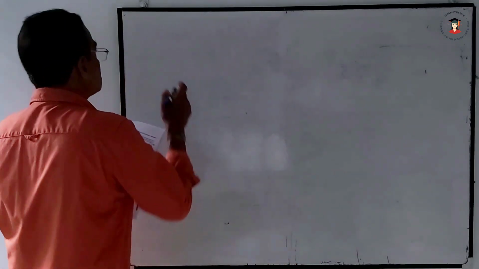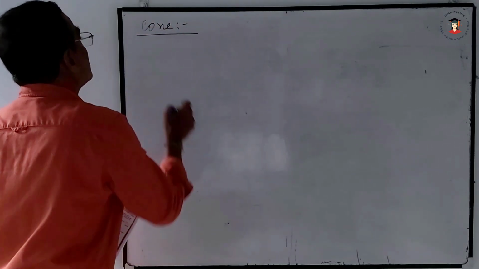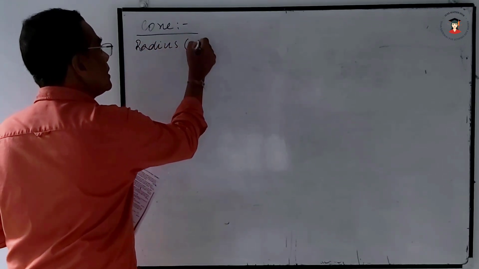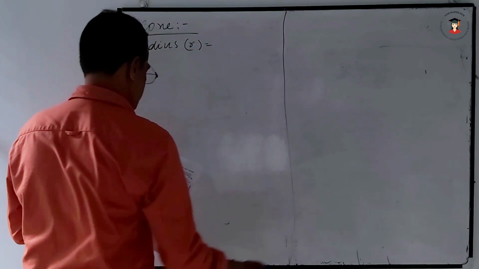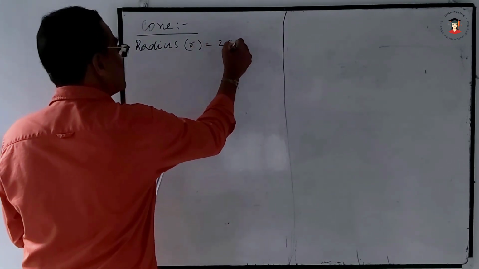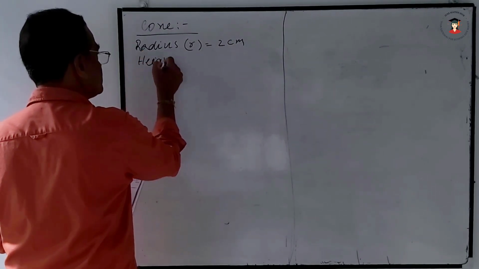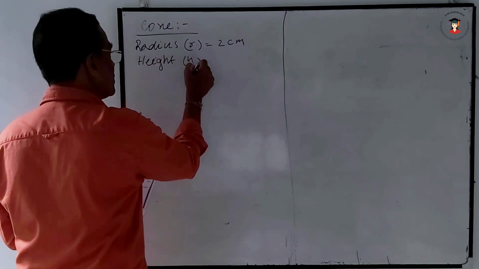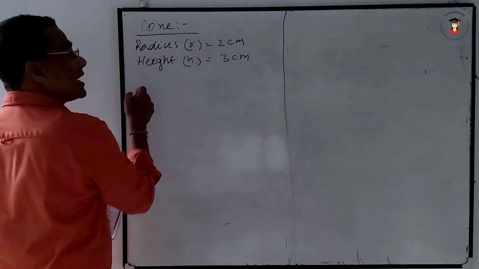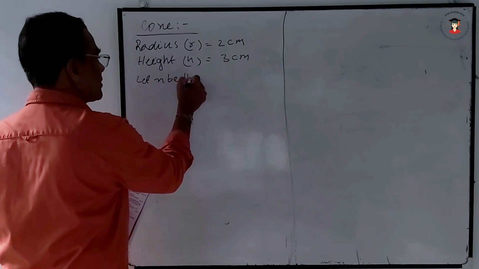So, cone. Radius r equal to 2 centimeter, height h equal to 3 centimeter. There are a number of cones. Let n be the number of cones.